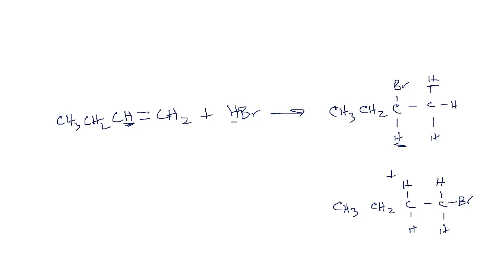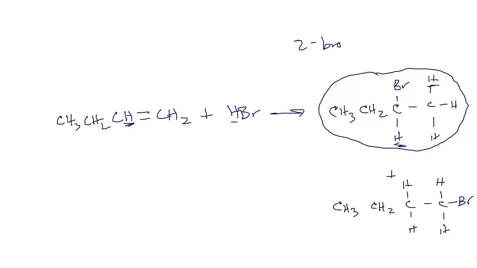You should say, no, they do not have the same name. What's the name of this compound here? Well, the bromine's on the second carbon, so this would be 2-bromo. And it's 1, 2, 3, 4 carbons long, 2-bromobutane. This one would be 1-bromobutane.